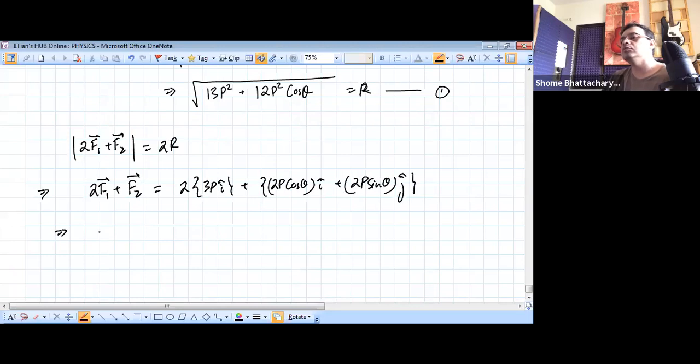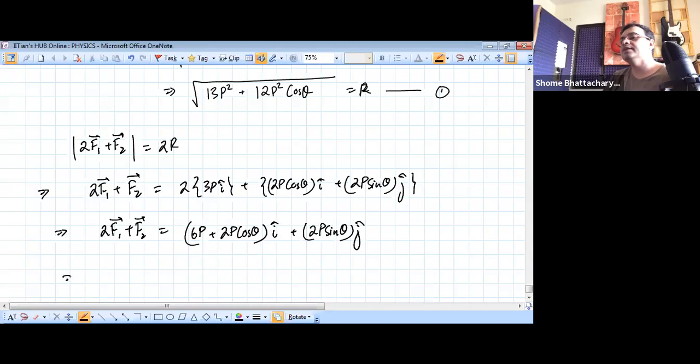So double of f1 plus f2 in component form as a vector becomes (6p plus 2p cos theta) i cap plus 2p sin theta j cap.